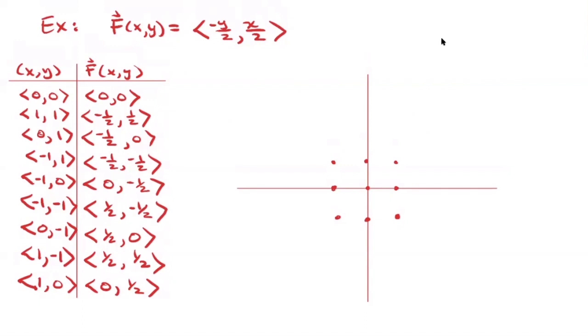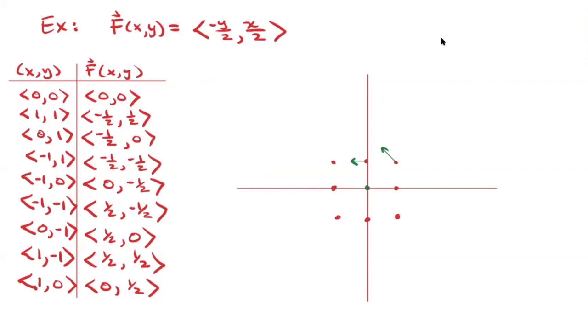Okay, first of all, 0, 0 maps to 0, 0, so I'm just going to draw a dot there. But then the 1, 1 goes left and up a half, a half. So watch what I draw at 1, 1, just like this. It goes back a half and up a half. At 0, 1, it goes negative a half, 0, so this is going back a half and 0 on y.